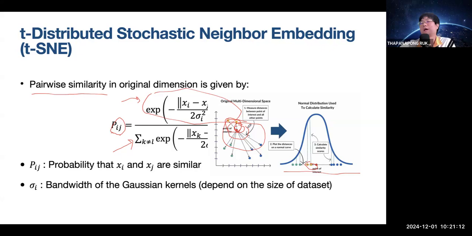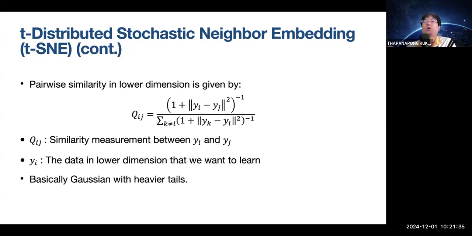You look at this in a Gaussian, normal distribution way of calculation. So we start with giving the score, and then we go into a lower dimension.